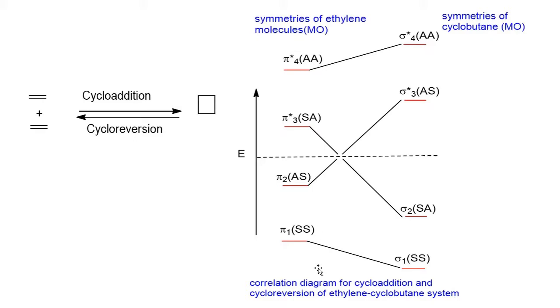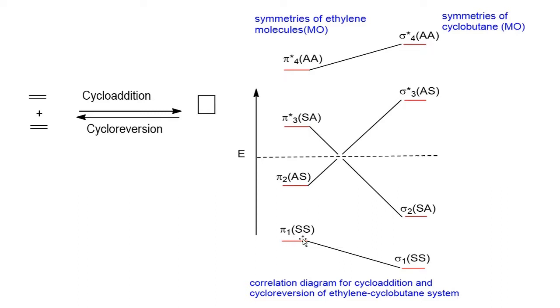Then you can see here the left hand side molecular orbitals are molecular orbitals with the symmetry properties of ethylene molecules, and in the right hand side this is the symmetry properties of the 4 sigma molecular orbitals of cyclobutane with respect to horizontal plane of symmetry and vertical plane of symmetry that we had already discussed.